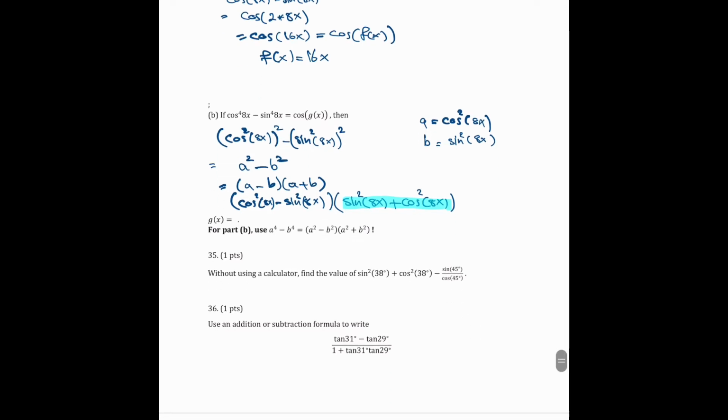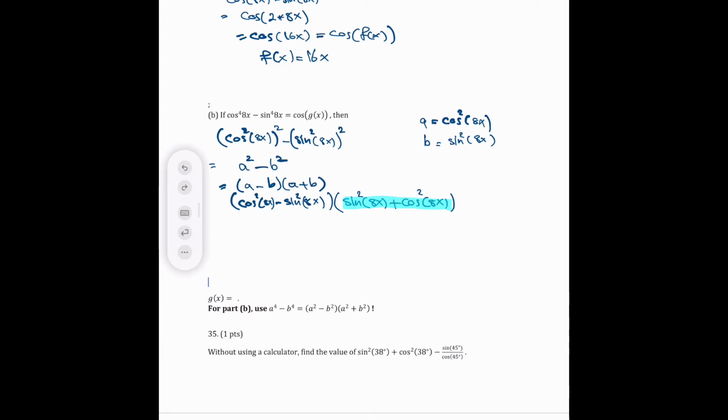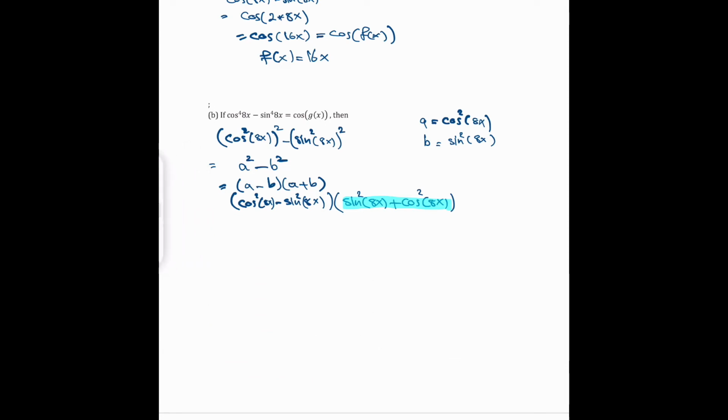So I can rewrite this expression as cosine square 8x minus sine square 8x. Again, this expression is basically cosine of double the angle, so cosine of double 8x, times 1 of course.